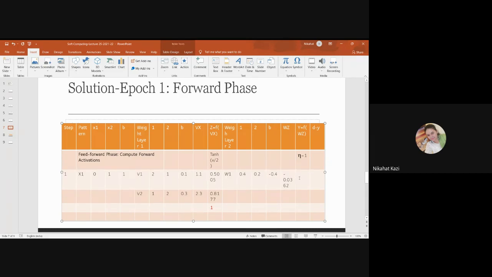So apply the activation function and tell me what is the output. It is tanh of x by 2. Just put as argument to tanh this x by 2 with minus 0.0362.